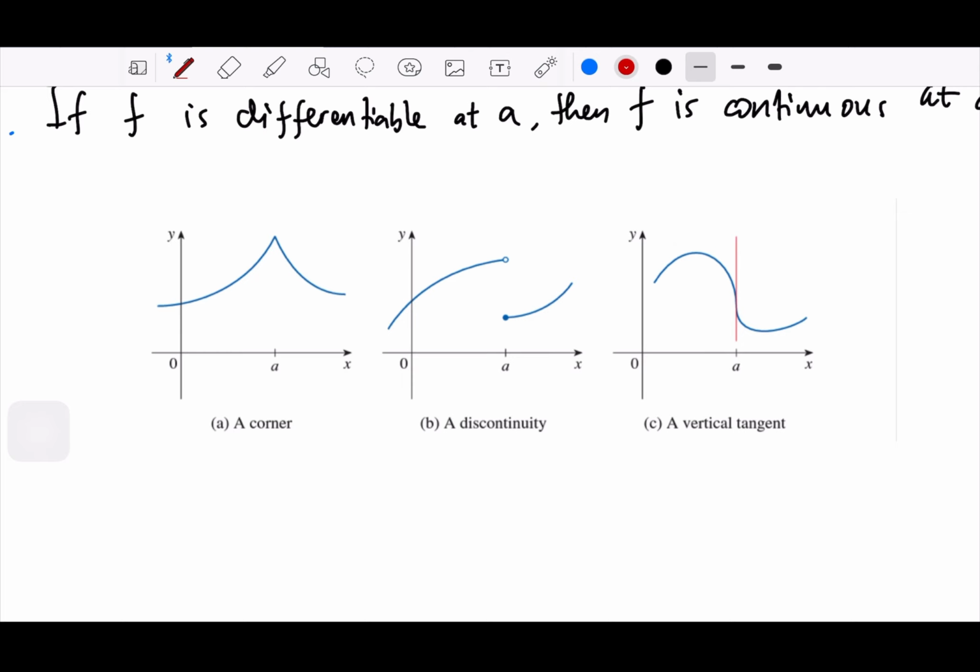So it's not differentiable. This shows how a function can fail to be differentiable.